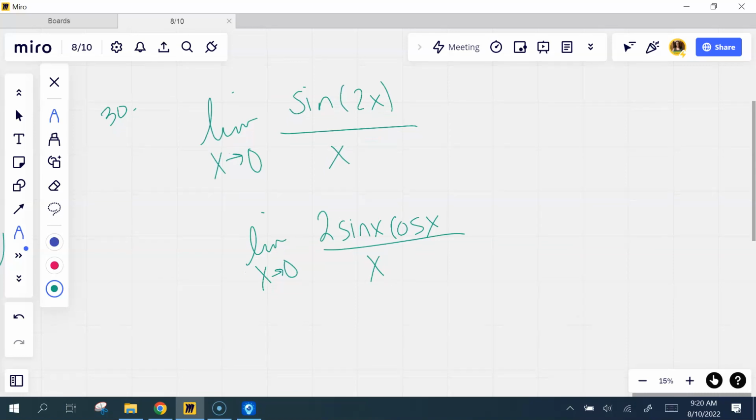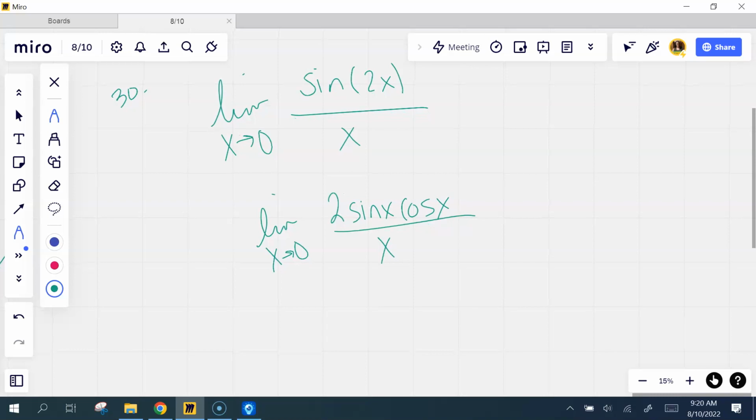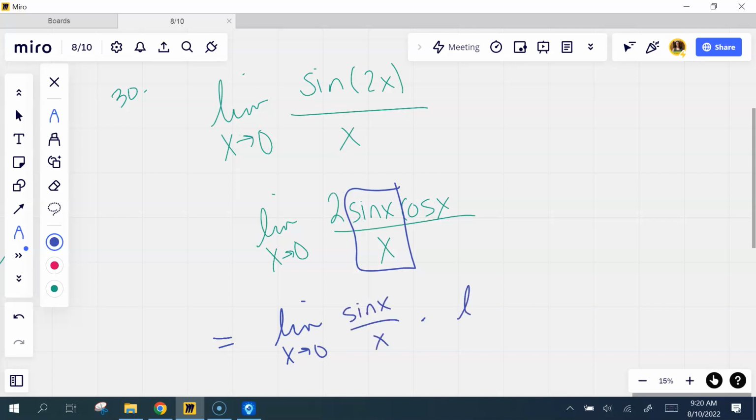All right, so Abby said, look, I see the sine x over x already, right? I'm going to break that apart because my properties of limits say that I can do that. So I'm going to say this is the same thing as the limit as x goes to 0 of sine x over x times, and then I'm going to put what I got left.